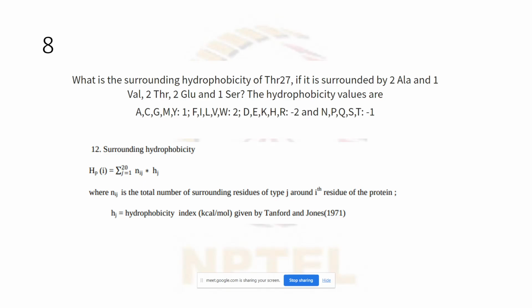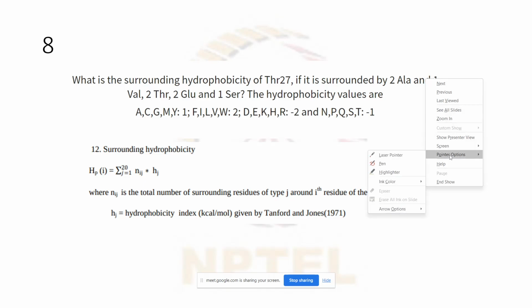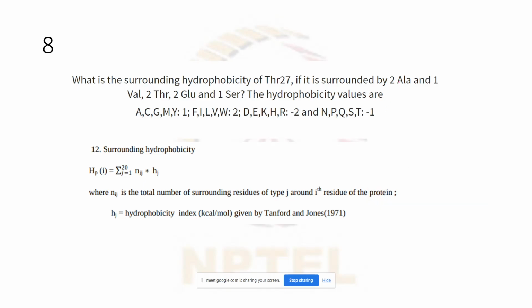So I have 2 into 1, followed by 1 valine, and the value for valine is 2. So till now I got 4.